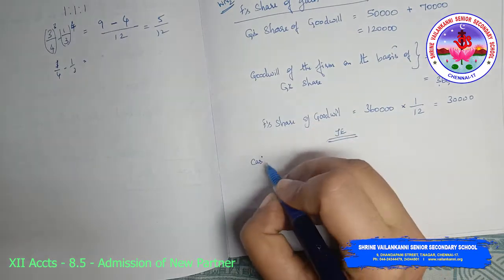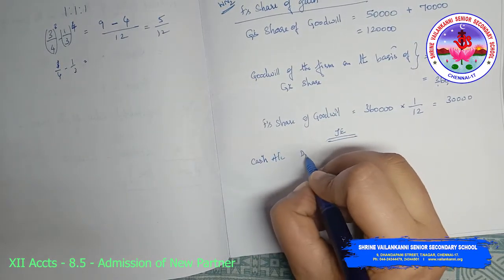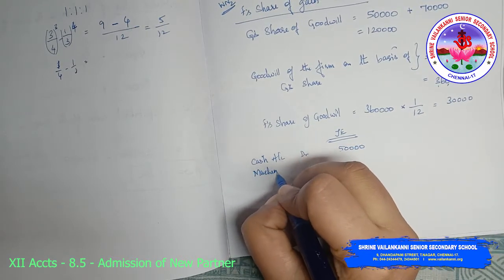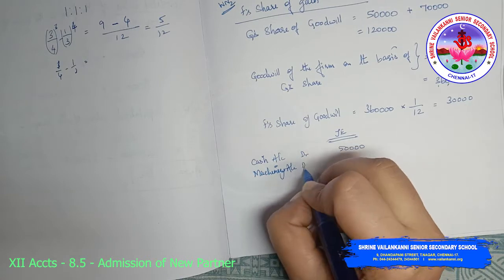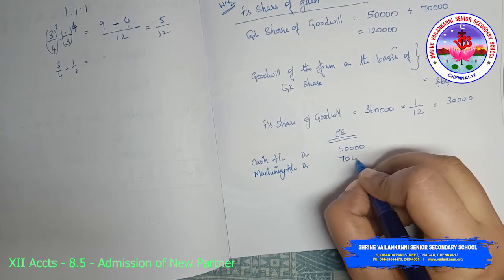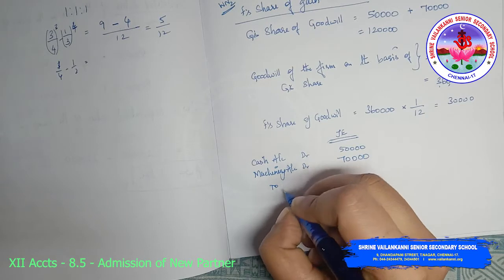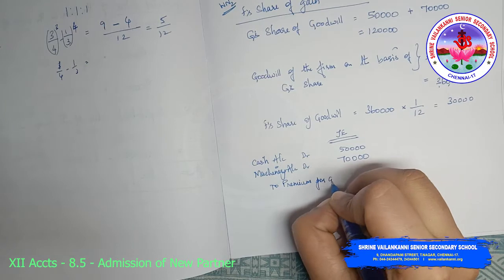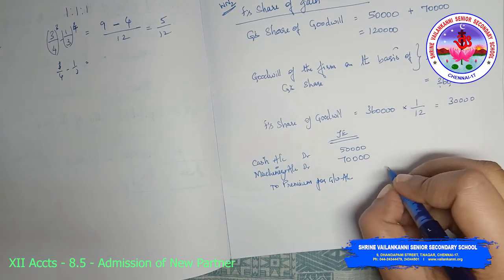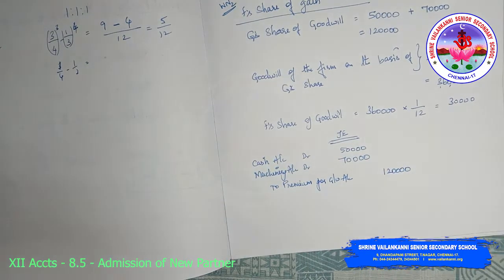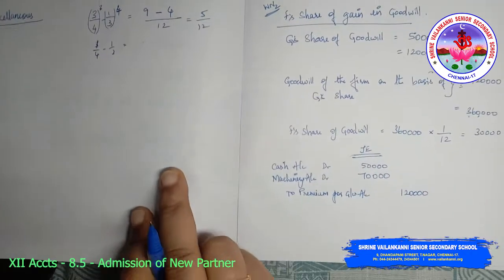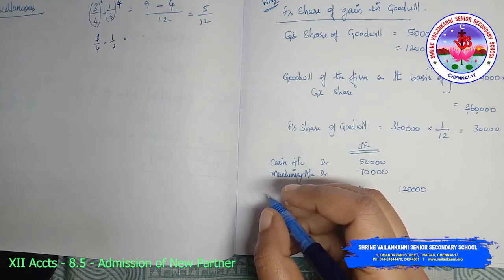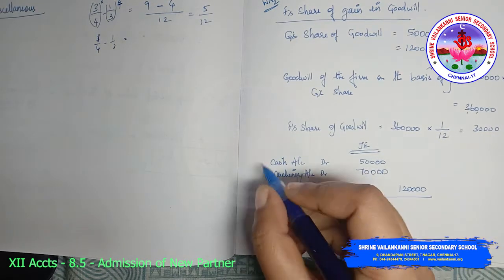So cash account debit, machinery account 70,000 to premium for goodwill account. So it's going to be 1,20,000. Okay, and then this is the first entry. This is being cash and machinery brought in by G for his share of premium. So the first entry is over.